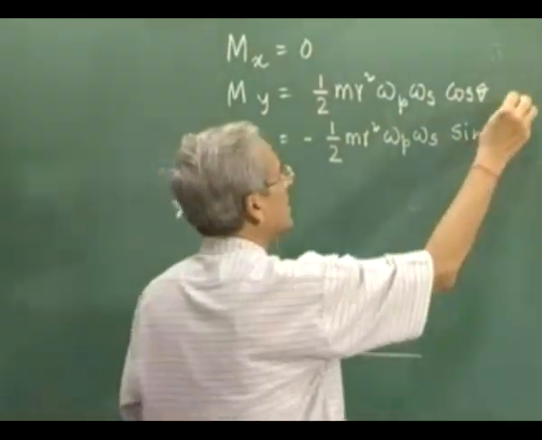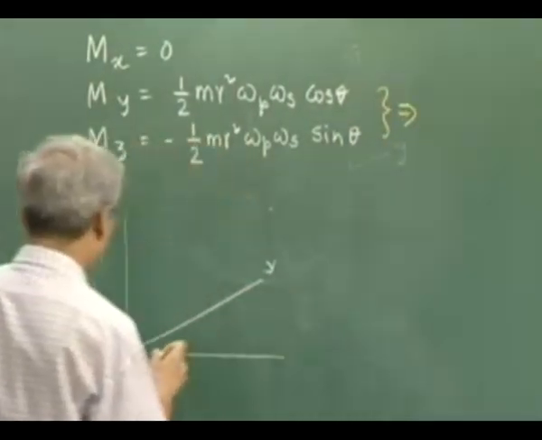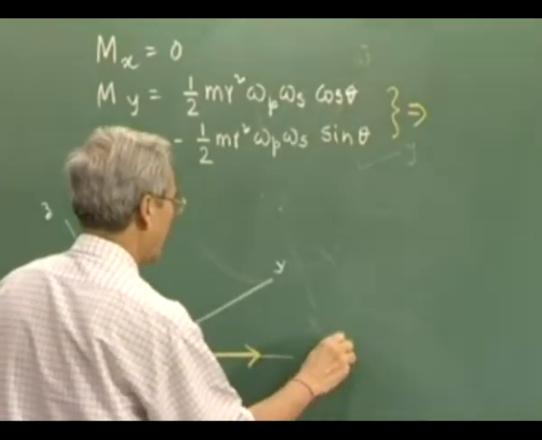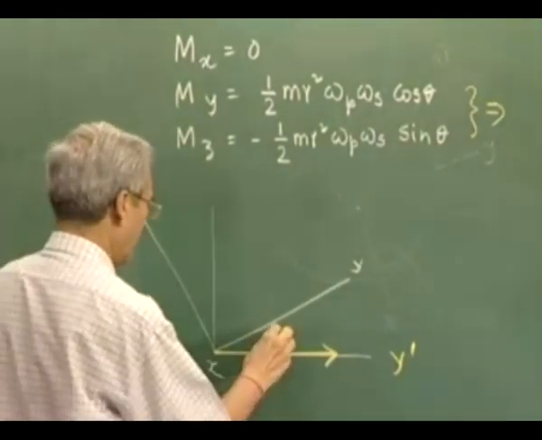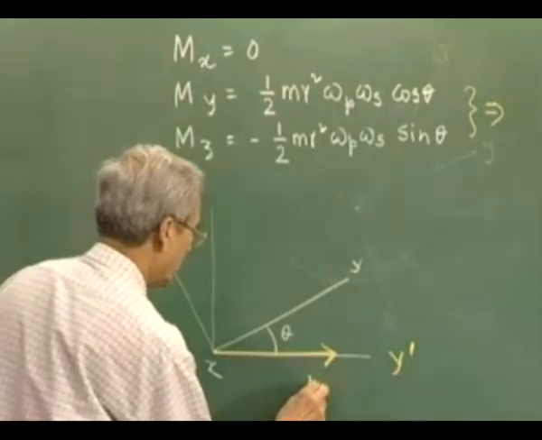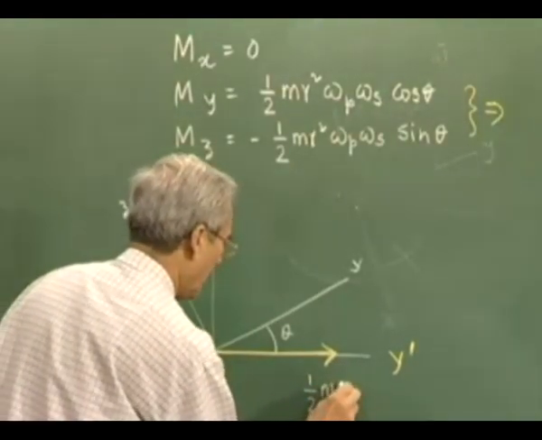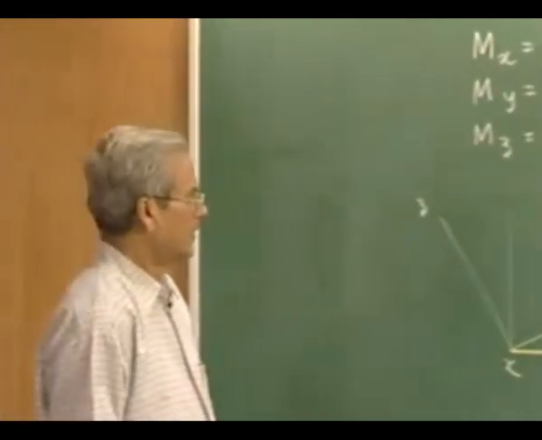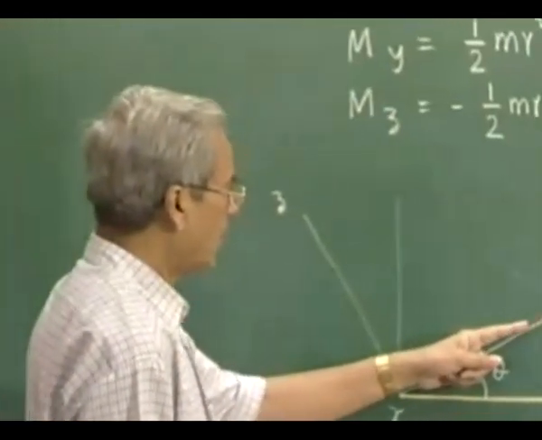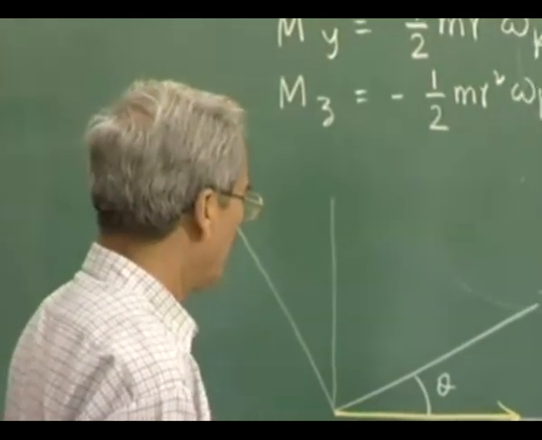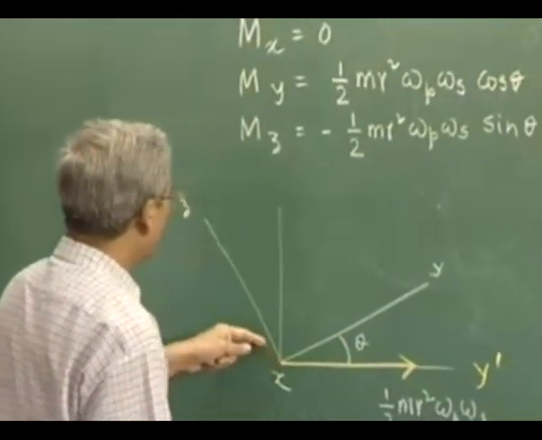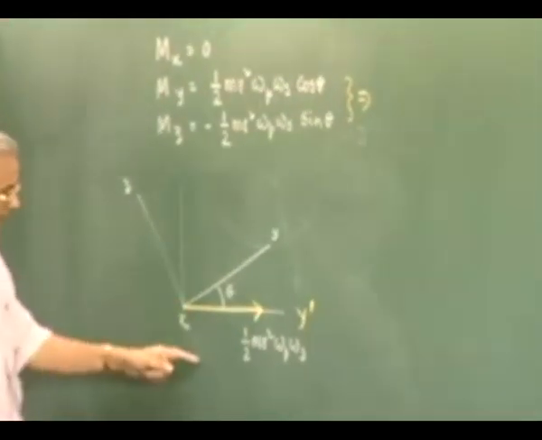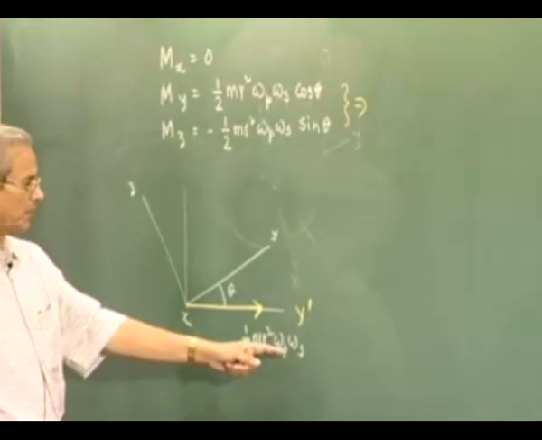That means these two can lead to a vector which is along this direction. This is half mr² ω_p ω_s. Its component along y is half mr² ω_p ω_s cosine θ, and its component along this is obviously a negative quantity because it is opposite to the positive direction of z, and that is half mr² ω_p ω_s.